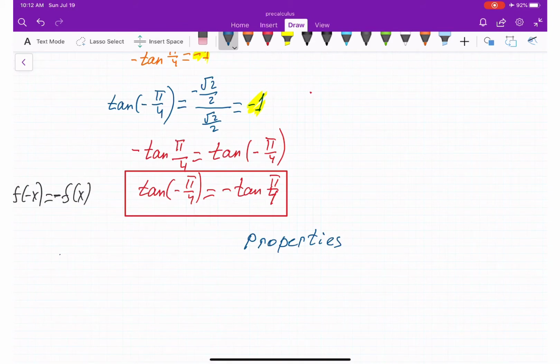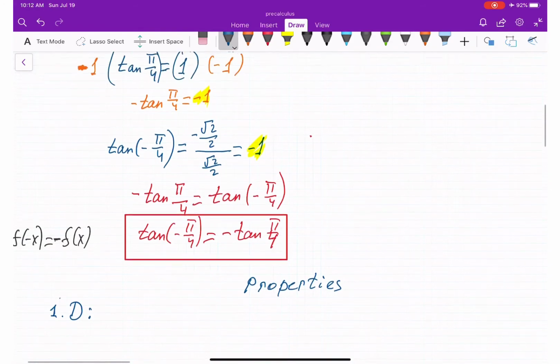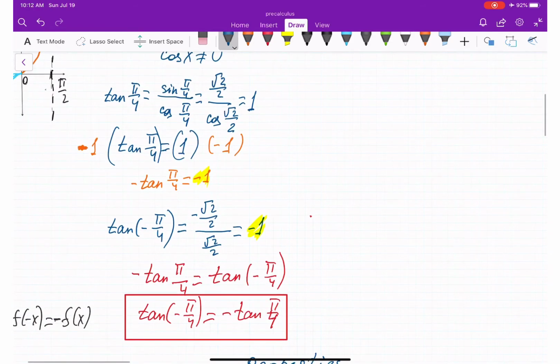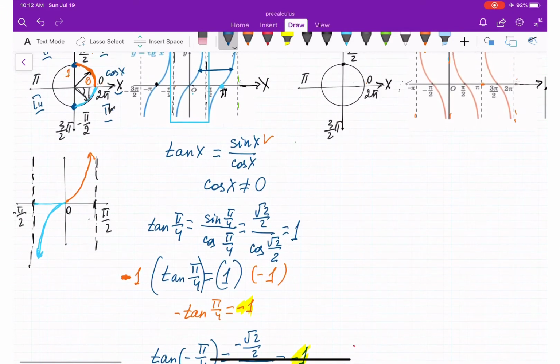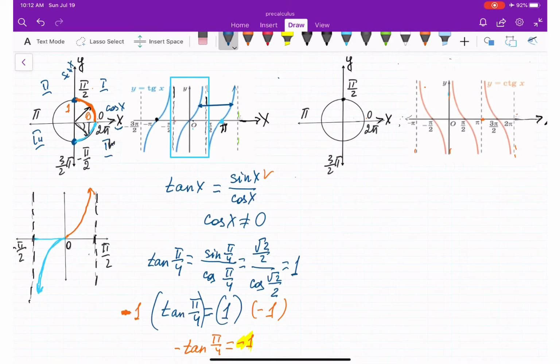So let's start with domain. What values can x have? X can be any degree, but which one we said cannot be? Half a pi, negative half a pi, correct?